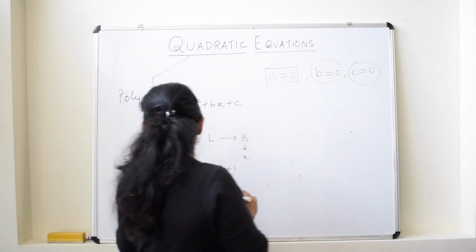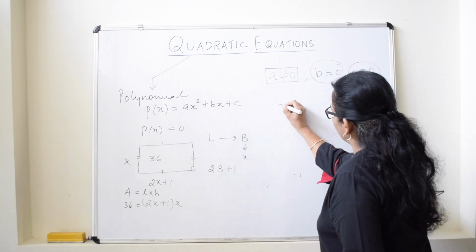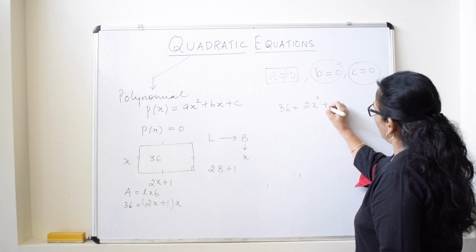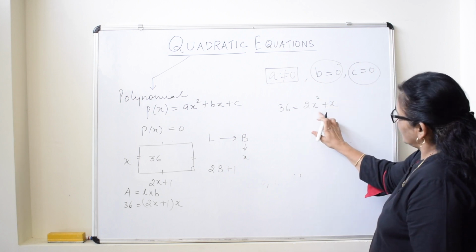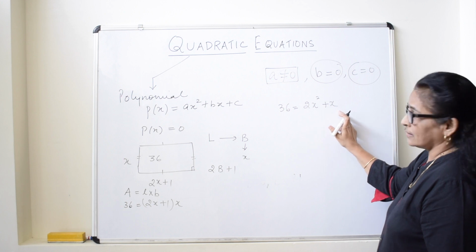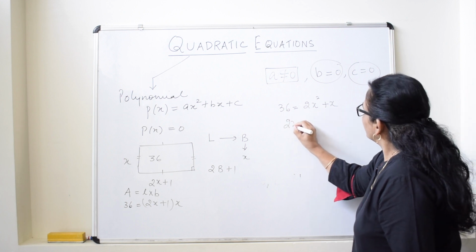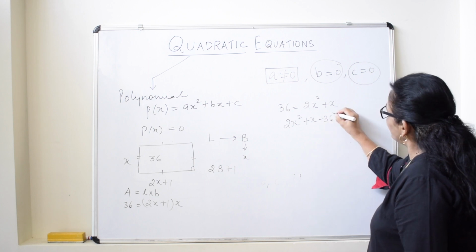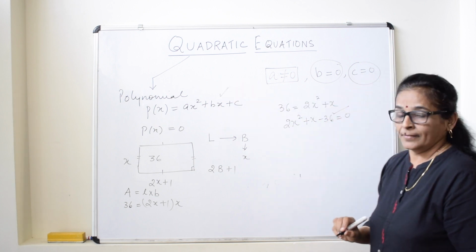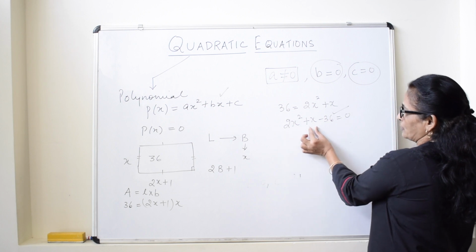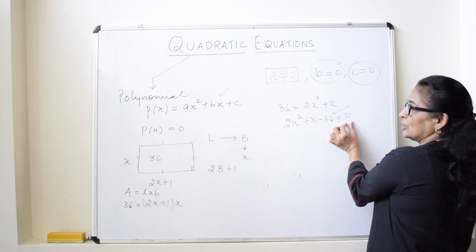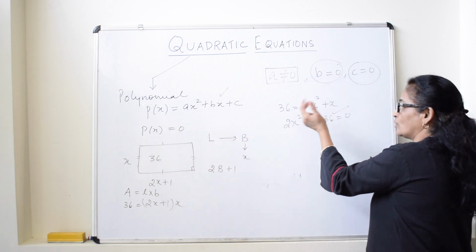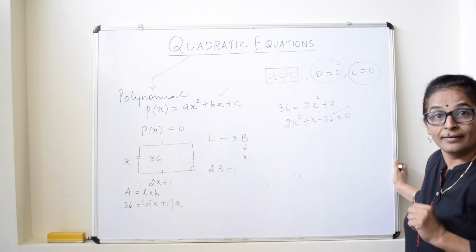If we further look at this equation, this will be 36 is equal to 2x square plus x. Now, if we rewrite this condition in this form, means relate it with the standard form ax square plus bx plus c is equal to 0. So what we have seen is that day-to-day life situations can also lead us to a quadratic equation.